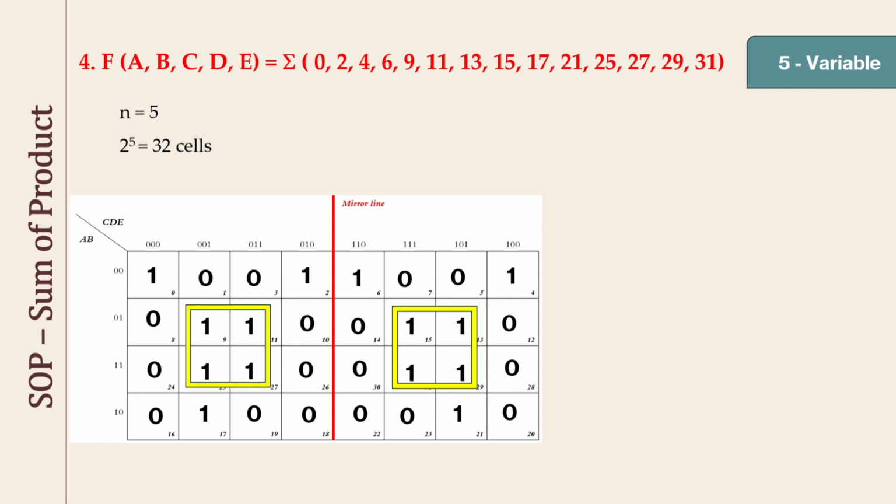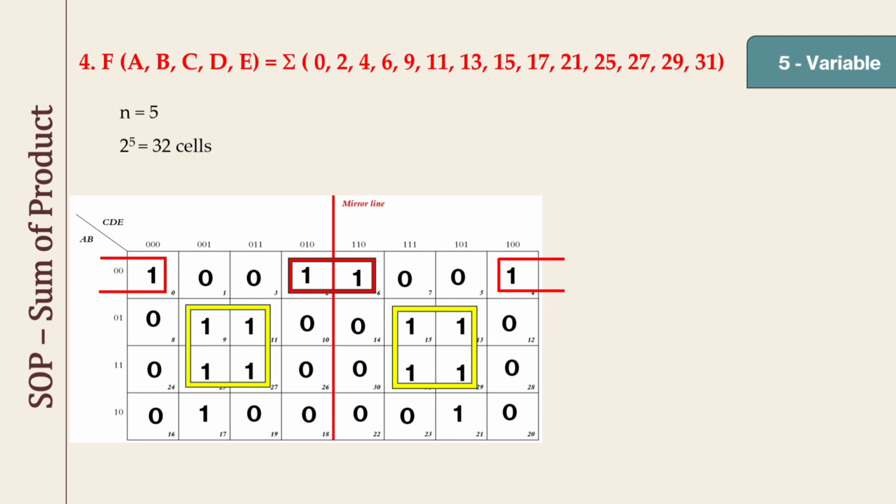Now you can see the cell number 0 and cell number 2 are the opposite corners. In the same way, the cell number 6 and cell number 4 are opposite corners. When you fold the K-map, we can group the cell number 0, cell number 2, cell number 6 and cell number 4 as a single group, so that we are going to get 4 cells in a single group.